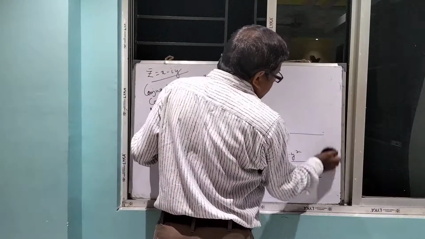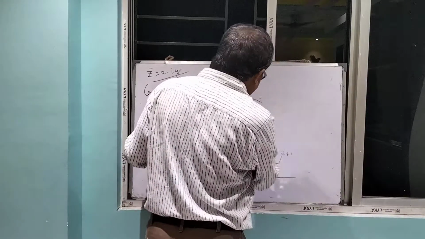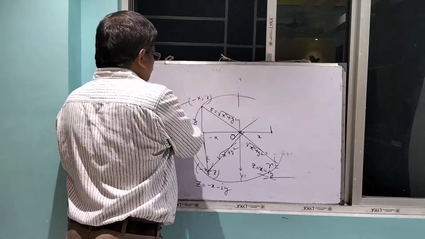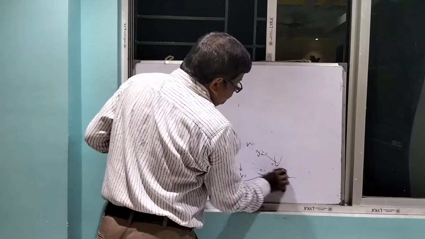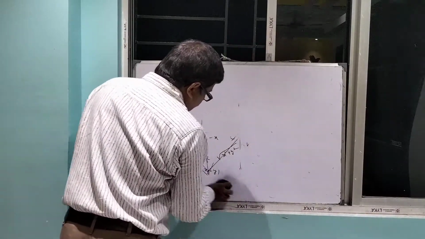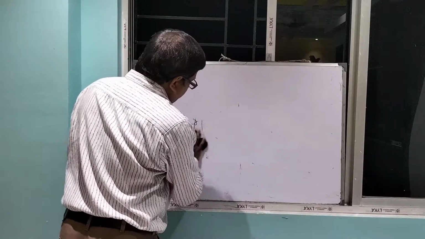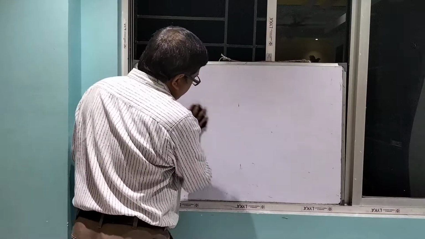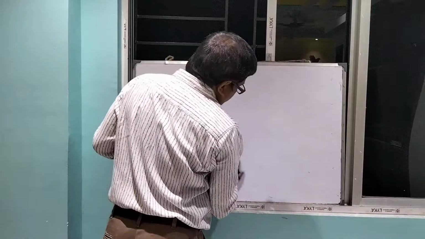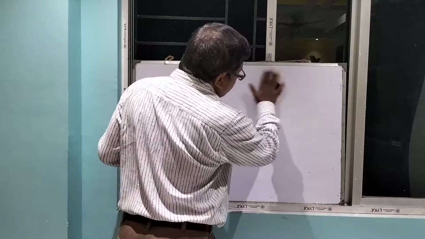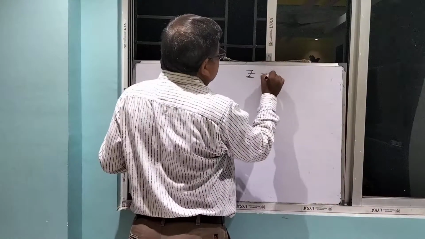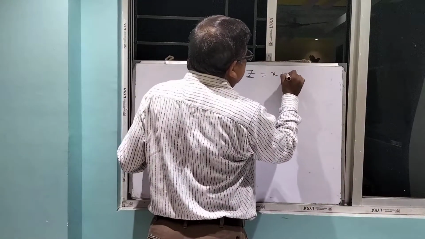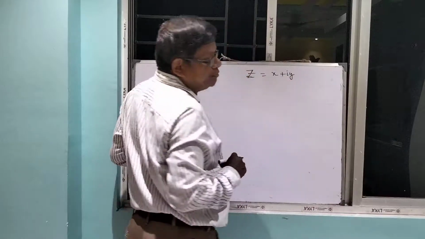So Z equal to X plus iY is a complex number.